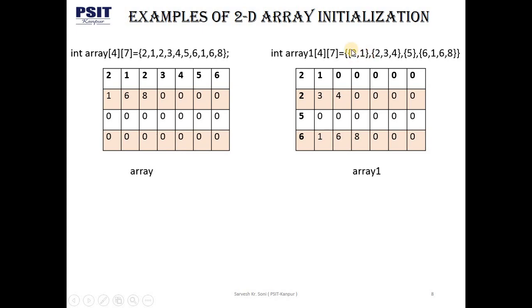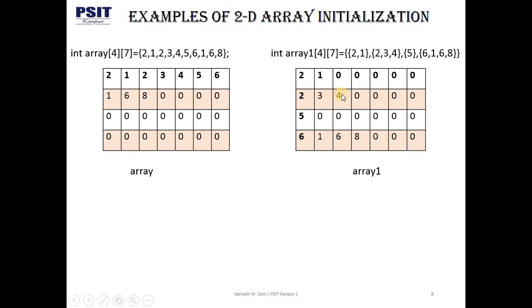the first row is separated by using curly braces, and I have given two values in the first row, 2 comma 1. Then the first row contains 2 comma 1 in the first two values, and the rest of the cells of the first row will be initialized by 0 by default. Similarly, in the second row I have initialized three values, 2 3 and 4.